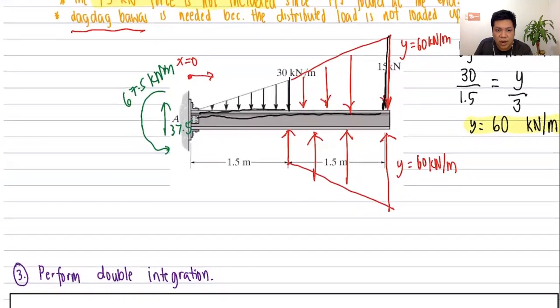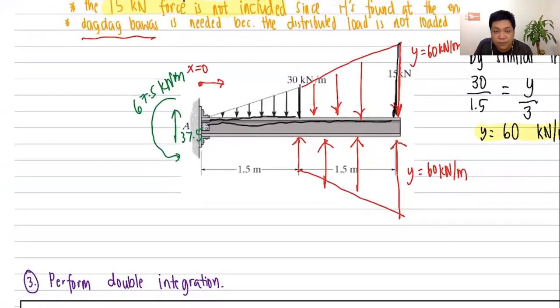So I can now write my moment function. d squared y over dx squared is equivalent to 1 over EI times, I'll start with the force reaction.